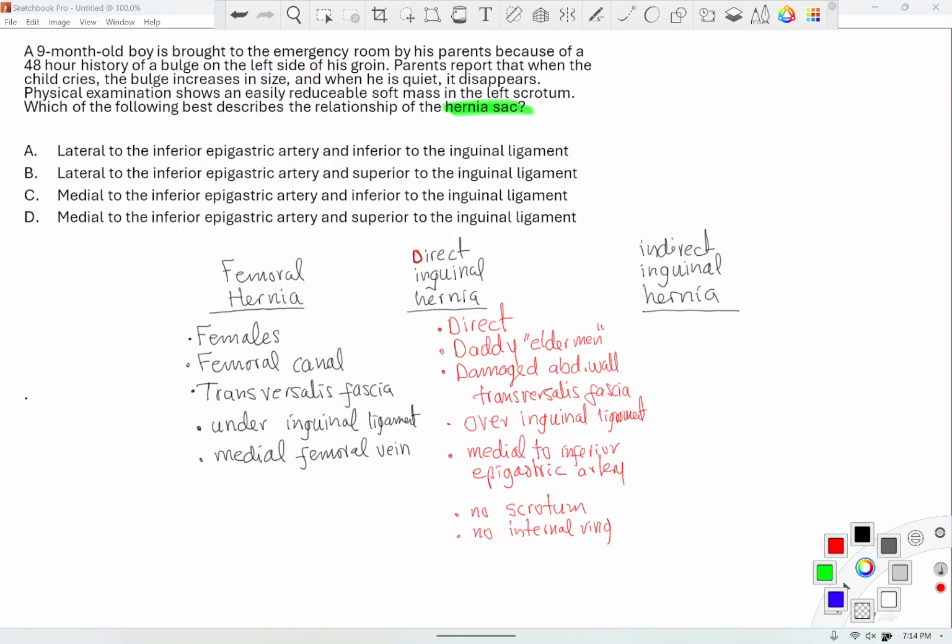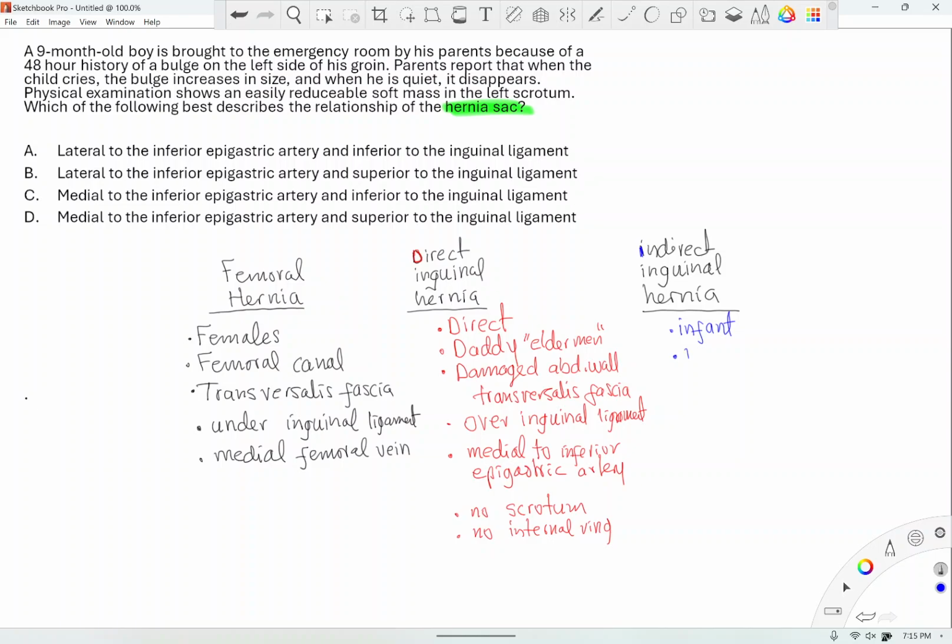Let's do indirect. We'll use blue. So I'm going to go I, infant. It occurs in infants or children. I want to include the I's first, and then I'll give you the other parts.